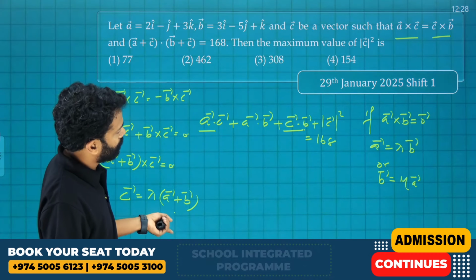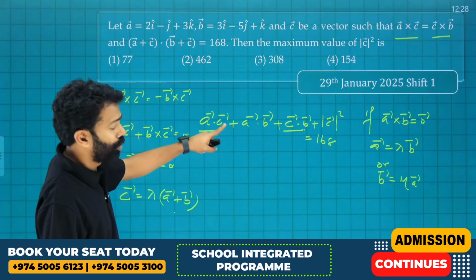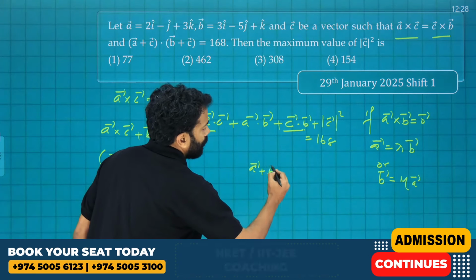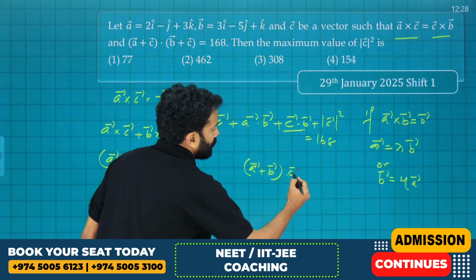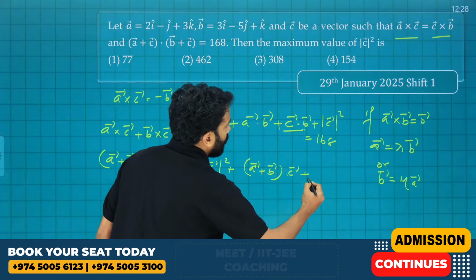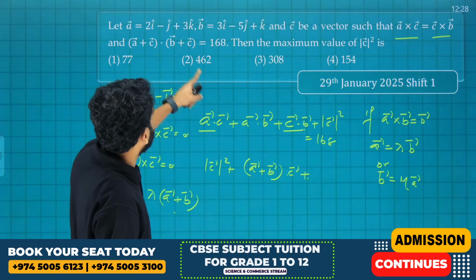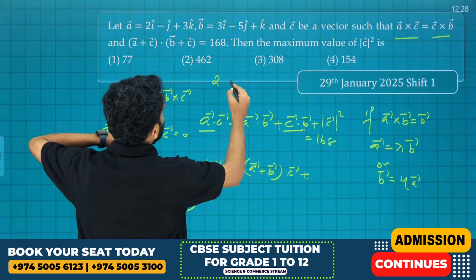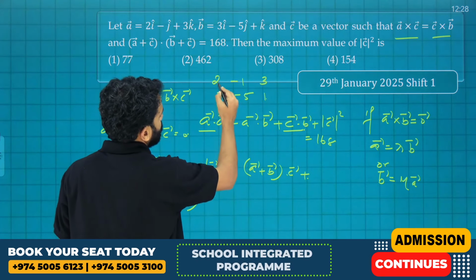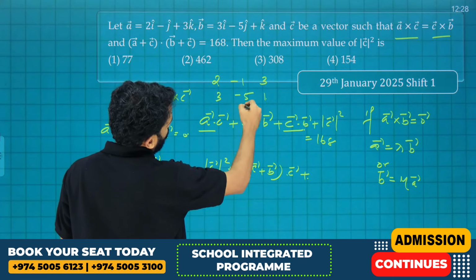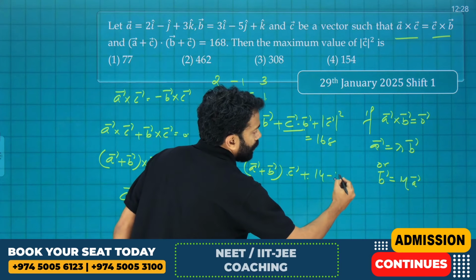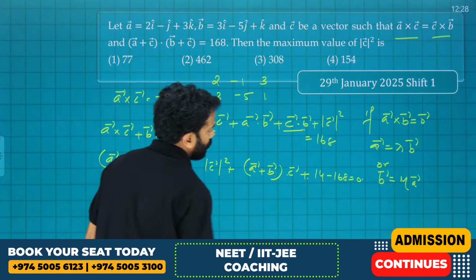Therefore, applying the distributive property of dot product over vector addition, you will get (vector A plus vector B) dot vector C, and this magnitude of C square, plus vector A dot vector B, which we can compute from here: 2 into 3 is 6, minus 1 into minus 5 is plus 5, that is 11, and 3 into 1 is 3, that is 14. So plus 14 minus 168 is equal to 0.